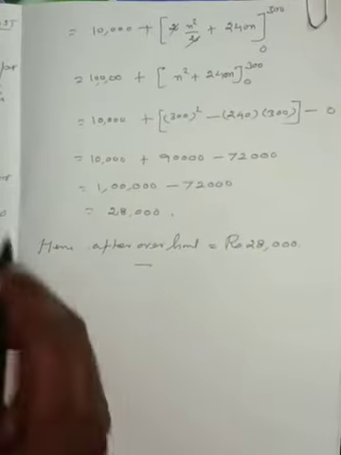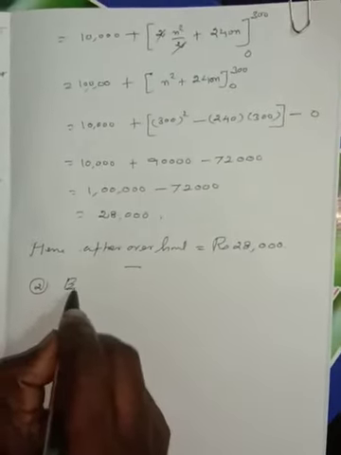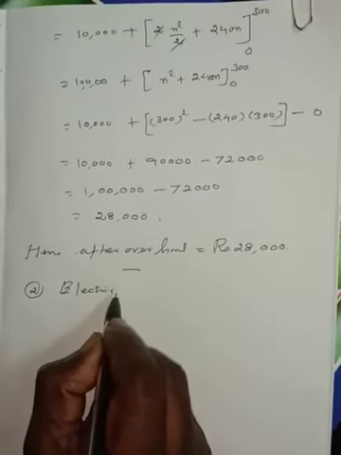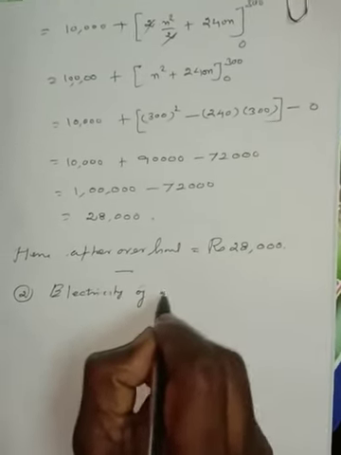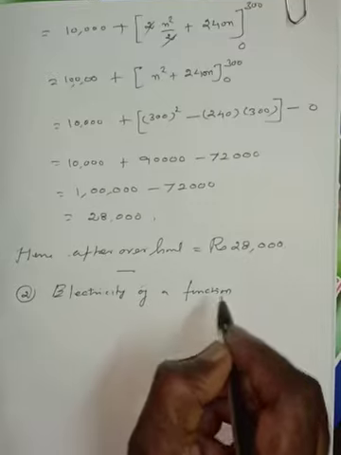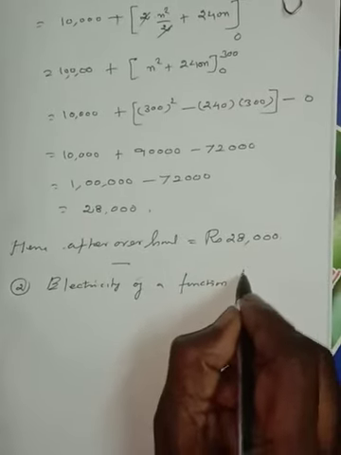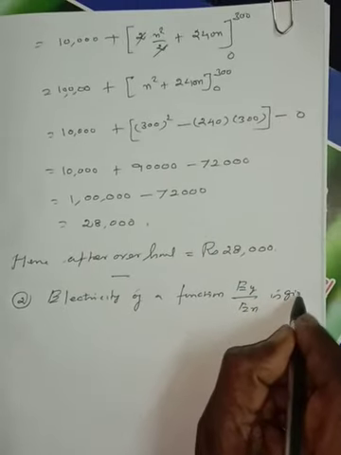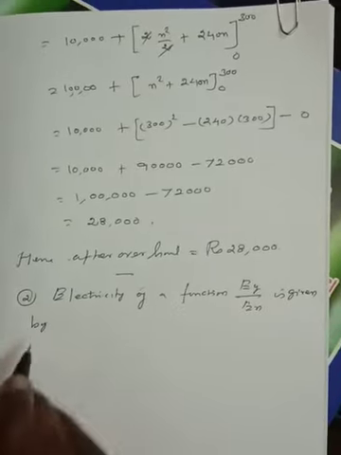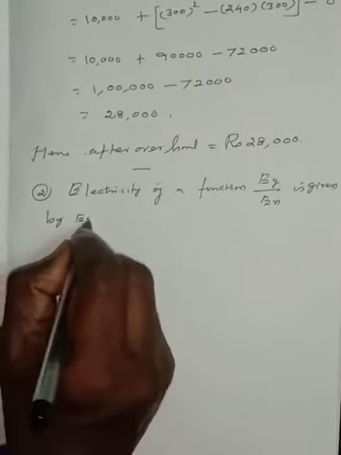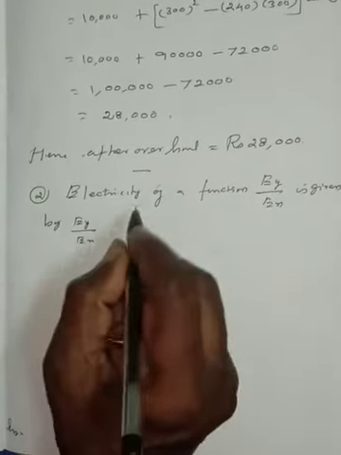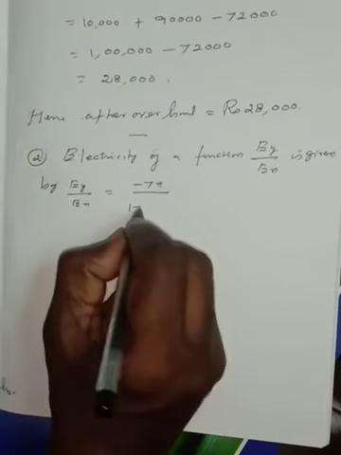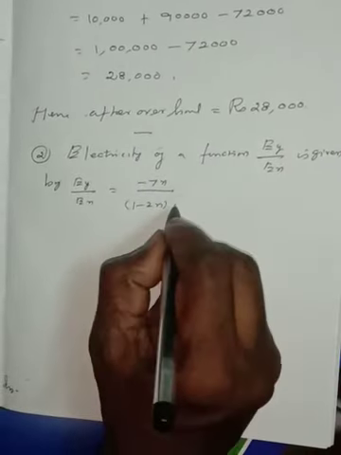The elasticity of a function, Ey by Ex, is given by Ey by Ex is equal to minus 7x divided by (1 minus 2x) into (2 plus 3x).